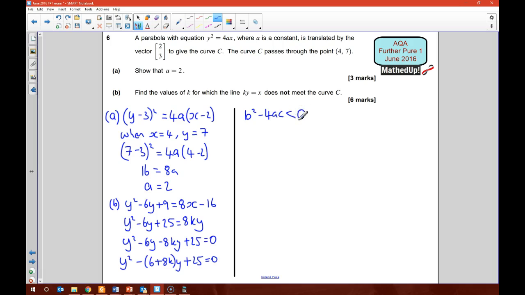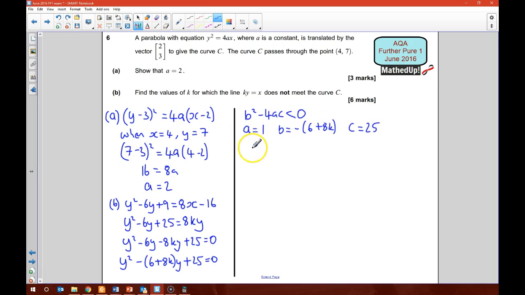That's what I want to happen. Right, so my values of a, b and c, I'm just going to write these down here. a is going to be equal to the coefficient of y squared, which is 1. b is going to be equal to the coefficient of y, which is negative (6 plus 8k). And c is going to be equal to 25.